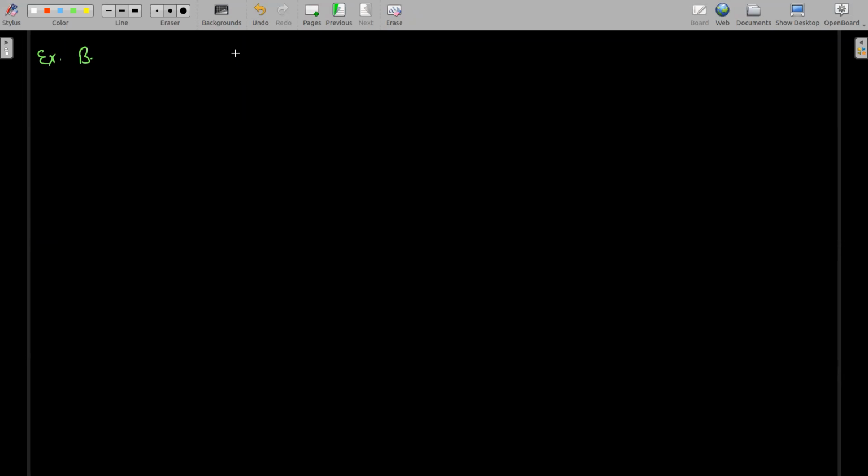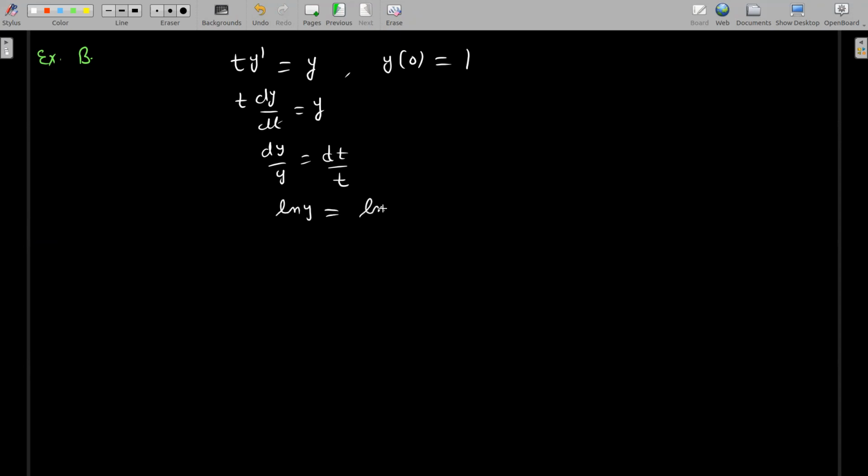Let us take next example, say this is B. So in this example, I am taking t y dash equals to y, and y0 equals to 1. And you can write t dy by dt equals to y. So dy by y equals to dt by t. Variable separate हो रहे हैं ना. So on integrating, you got log of y equals to log of t plus constant, you can write log of c.